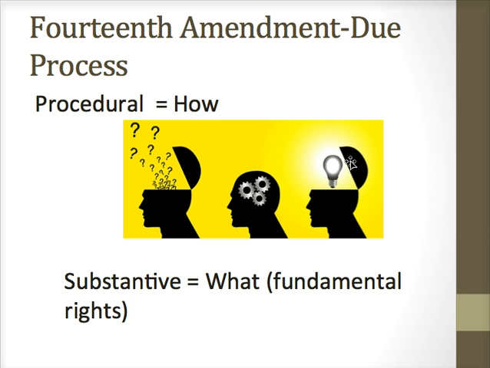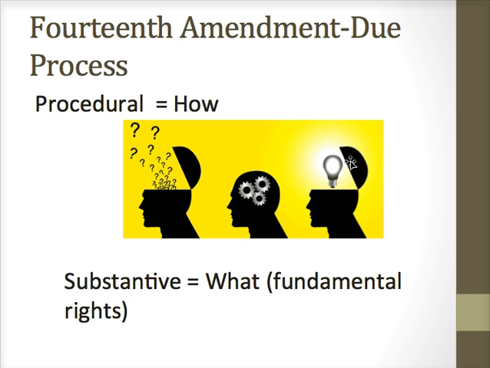One of the issues that arises when you're talking about constitutional law is how certain rights are protected. If government deprives you of certain rights, the Constitution requires not only that government be careful about what rights you're being deprived of, but also about how those rights are deprived. So if you think of it in terms of criminal law, what you have is two different aspects.